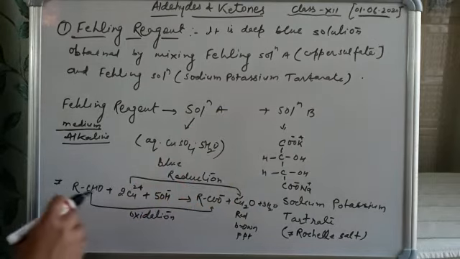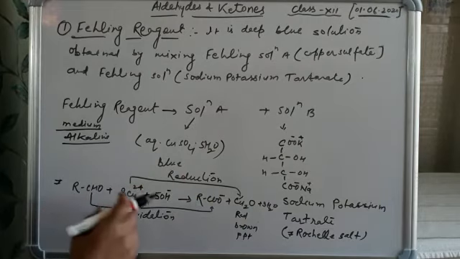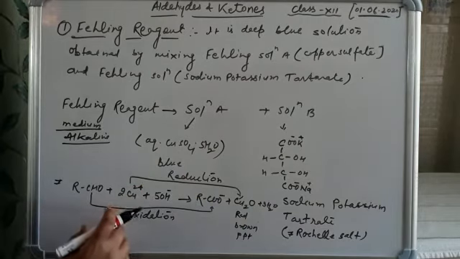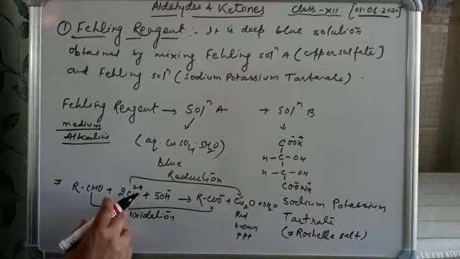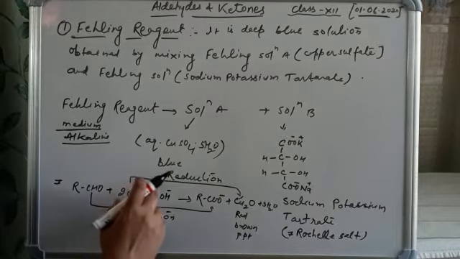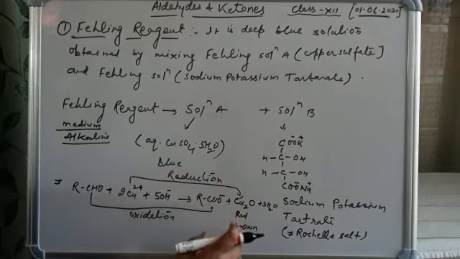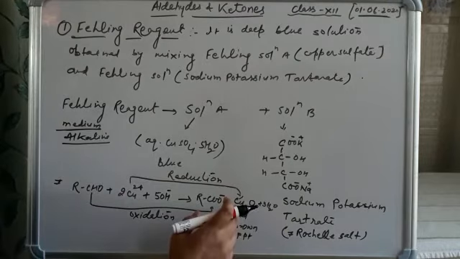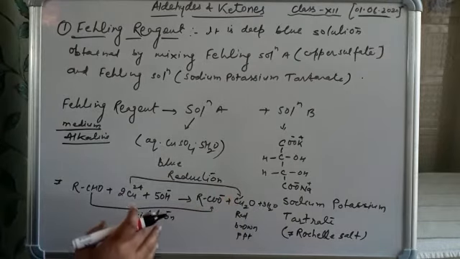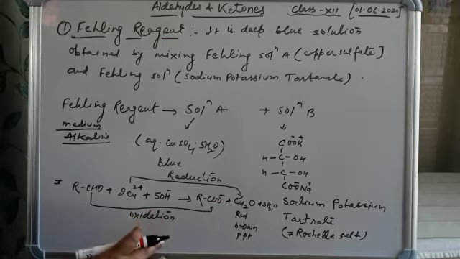When this solution is mixed with aldehyde and heated, Cu2+, which is deep blue in color, changes into a reddish brown precipitate, and this is Cu+. So this reaction shows that the given sample is an aldehyde, not a ketone.